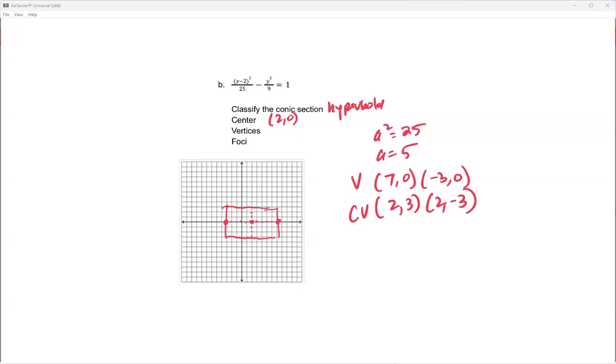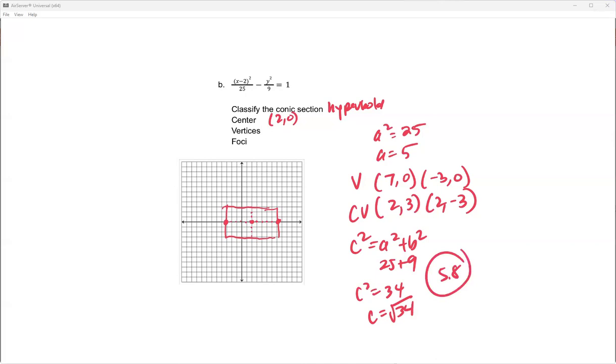And then a squared plus b squared is equal to c squared. So it is 34 because 25 plus 9 is 34. So you got c is equal to square root of 34, which is about 5.8, correct? So I think 5.8 is like right past, let me put it in blue, right past the vertices right there.